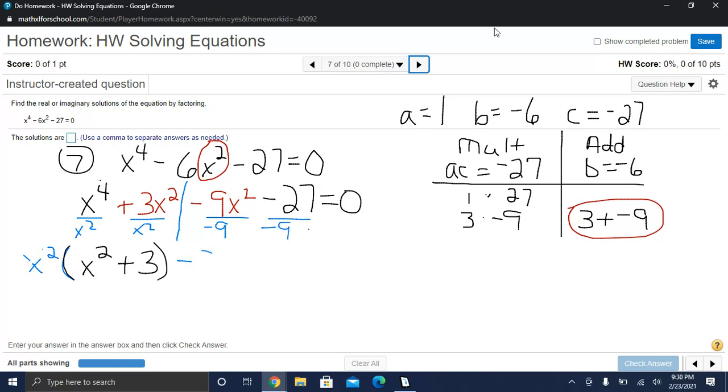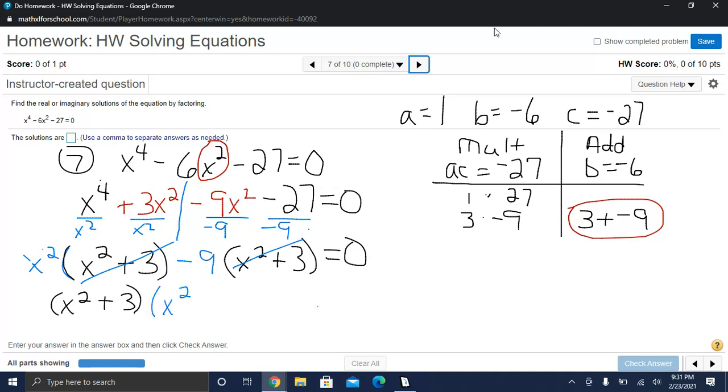So I'll bring the negative 9 down, and I'll have x squared plus 3, getting my matching parentheses. So now I'm ready to write my matching parentheses, x squared plus 3, and then my other parentheses, x squared minus 9, and equals 0.